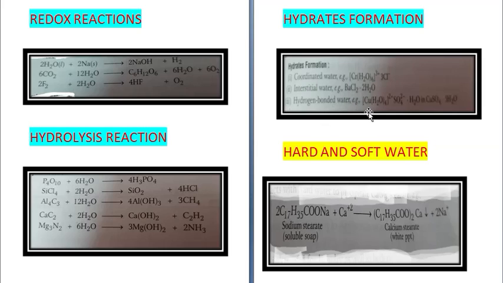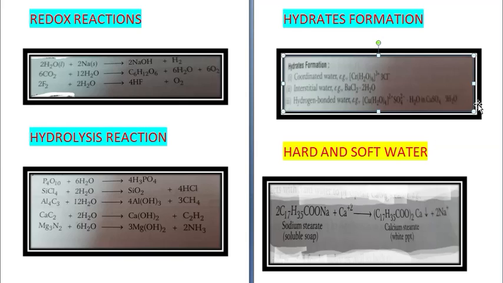Hydrogen bonded water like [Cu(H2O)4]2+ SO4 2-. In this, again, this water is bonded by hydrogen bond, and this dot H2O is added to it, or it can be like CuSO4.5H2O.